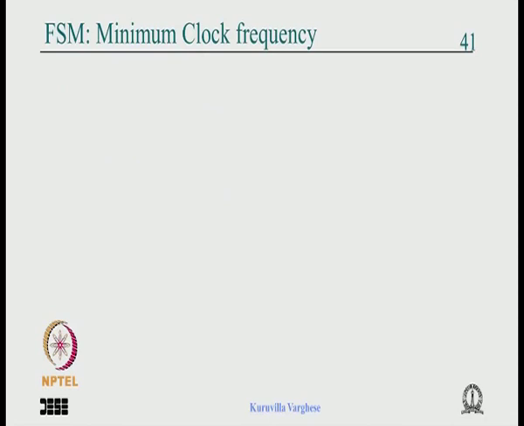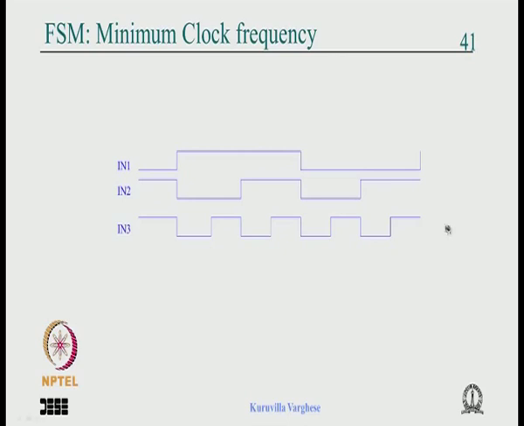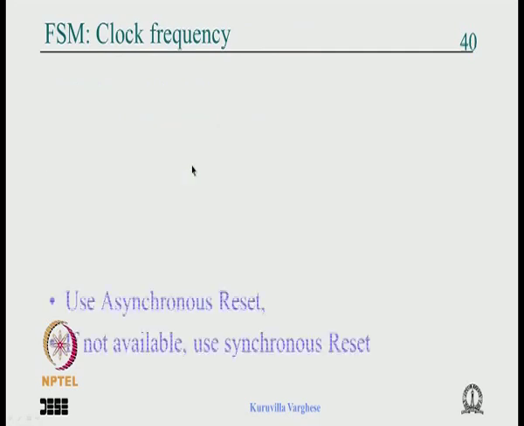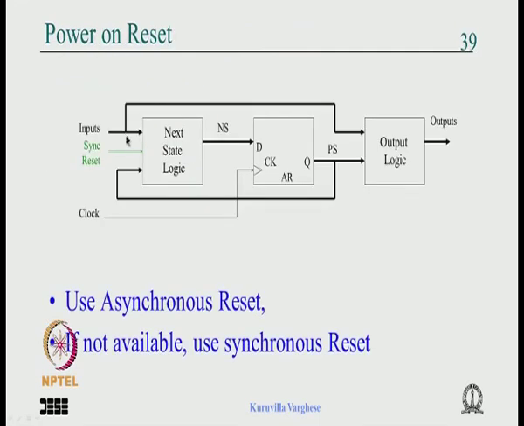Now to illustrate, I will put in some inputs and let us see. Assume that we have 3 inputs to our state machine. Say these are 3 outputs of the data path: in1, in2, in3.